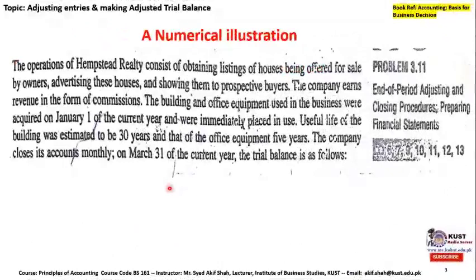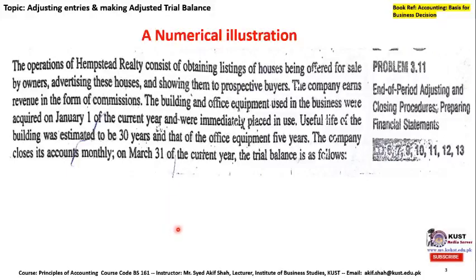So here we have our numerical illustration related to Hampstead Realty, which is a property-based business organization that obtained the listing of houses from the owners and then later on sells them to the prospective buyers.